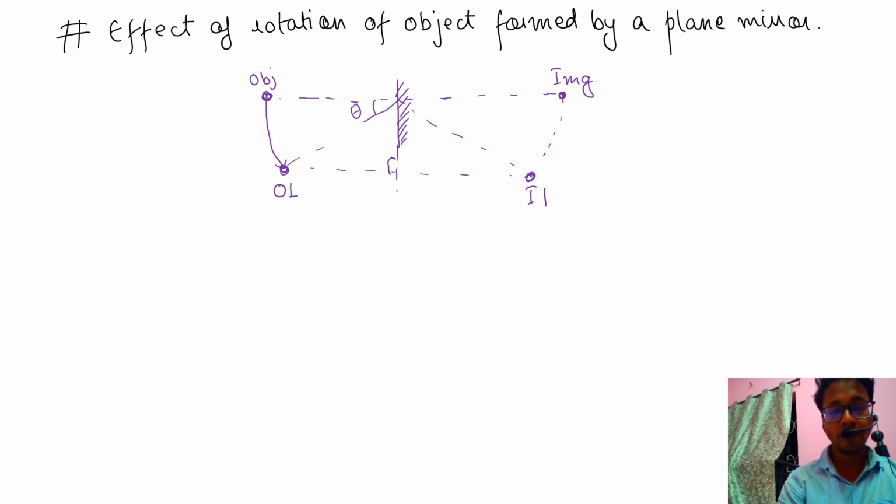Now see the mathematical situation out here. If the object is rotated by theta anti-clockwise, the image is rotated by theta clockwise.